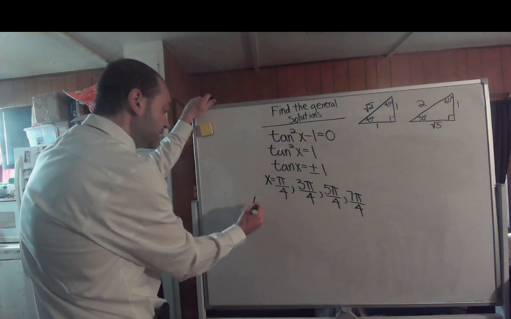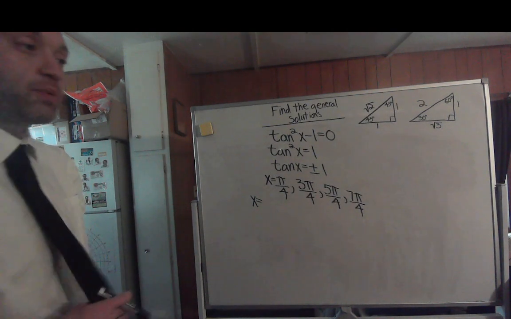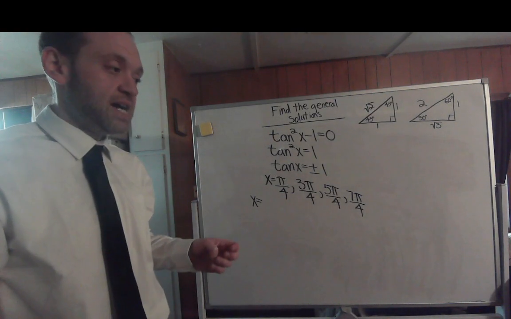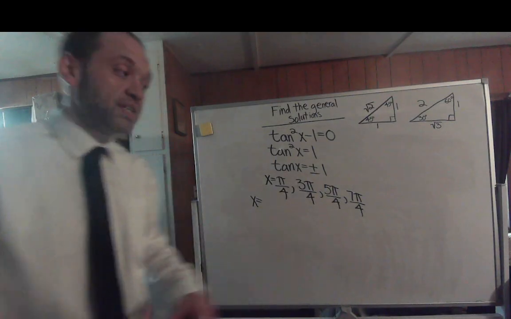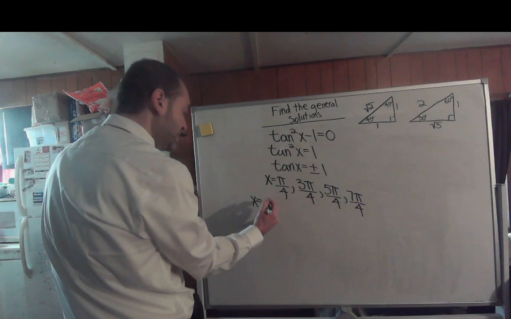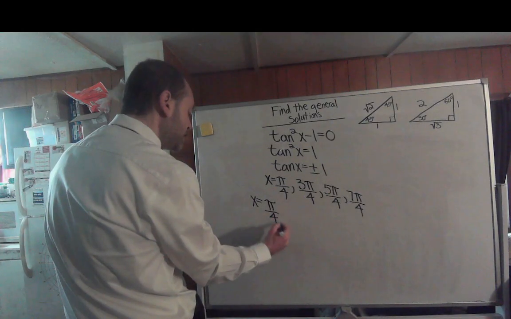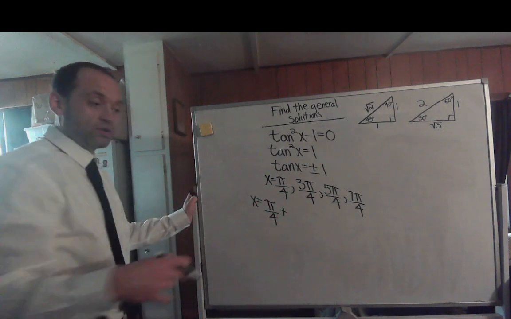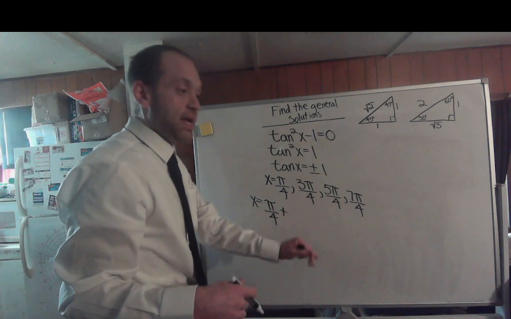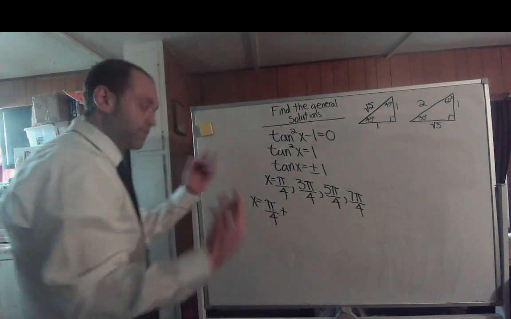Well, it looks like we have 4 general solutions, or it looks like we have 2 because the period of tangent is pi, but we can write all this as 1. Because we are considering both positive and negative roots, we start with that pi over 4, and then if we add pi over 2 to pi over 4, we'll get 3 pi over 4, and we can keep adding that pi over 2 and get 5 pi over 4, 7 pi over 4, and so on.